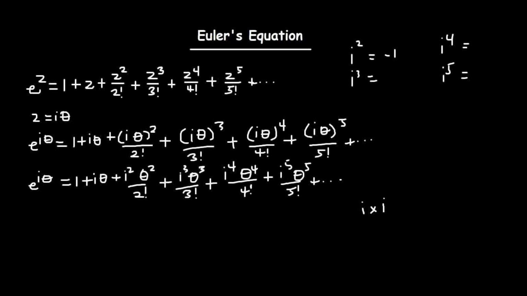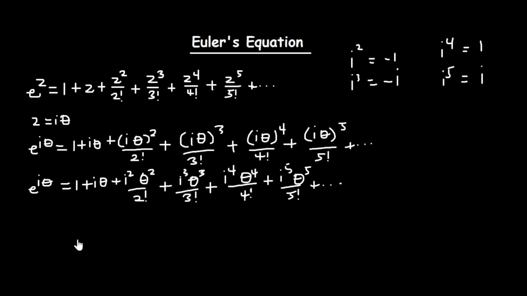That's the value of i times i, or i squared. And then to find i to the power 3, we are going to do the same approach. That will give us -i, and then i to the power 4 gives us 1, and i to the power 5 also gives us i.